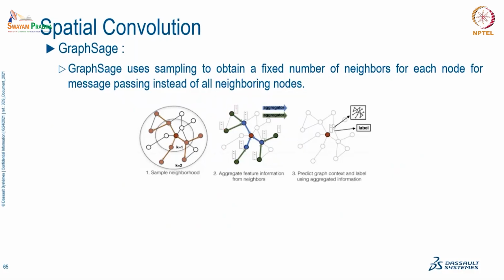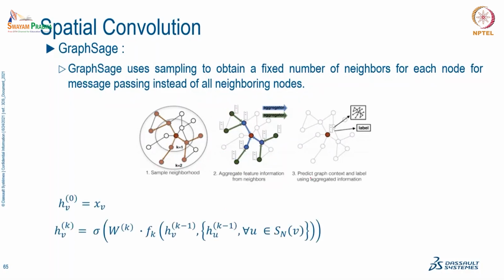So for example, for this red node, blue and green features would be aggregated if the parameter k is equal to 2, so second order basically. The aggregation function can be addition, averaging, or anything different.